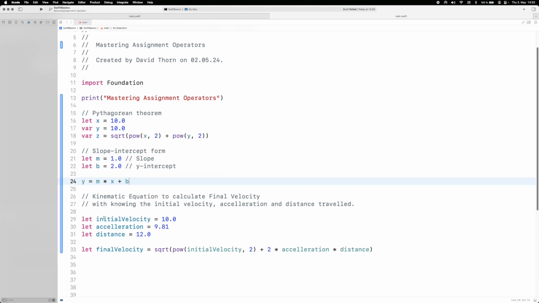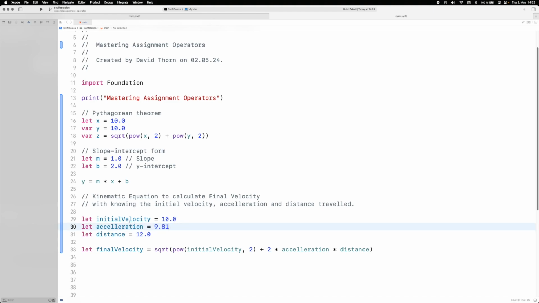And once again, in this kinematic equation, we say let initial velocity is equal to 10.0. So we are assigning the value of 10.0 to the variable initial velocity and saying that it is an immutable variable. And that is all done by a single equals sign. And acceleration, once again, is being assigned the value of 9.81, and it is a double.